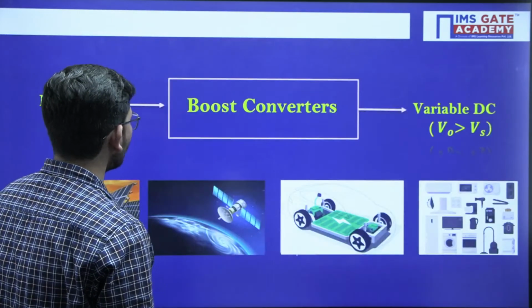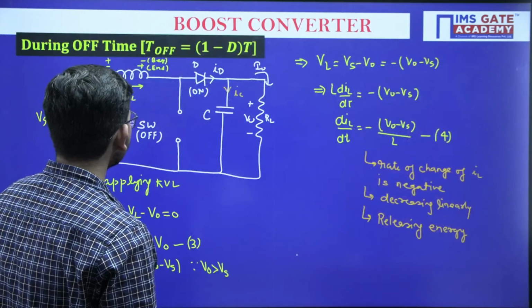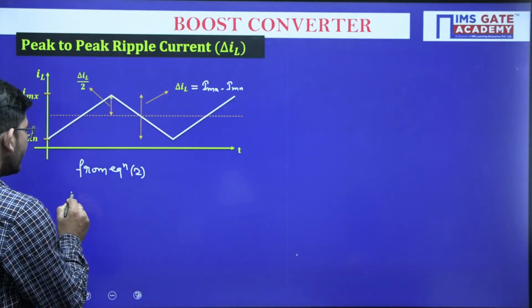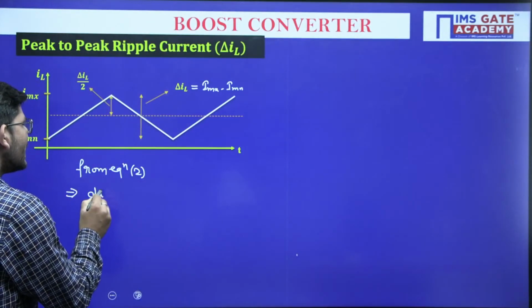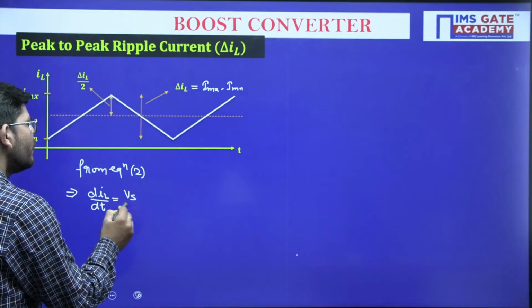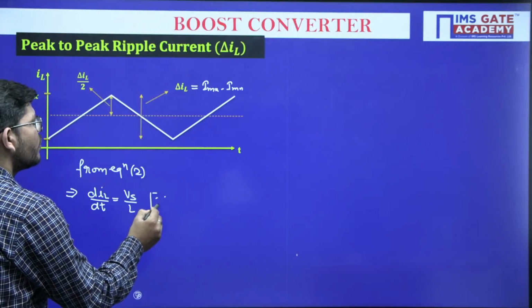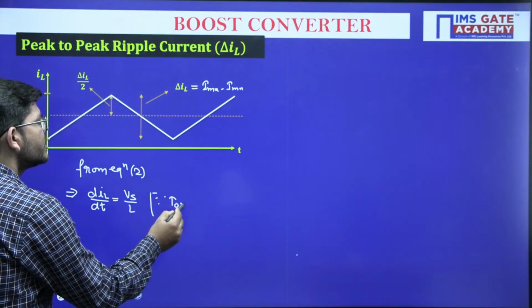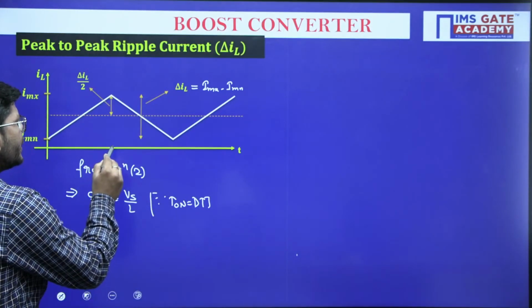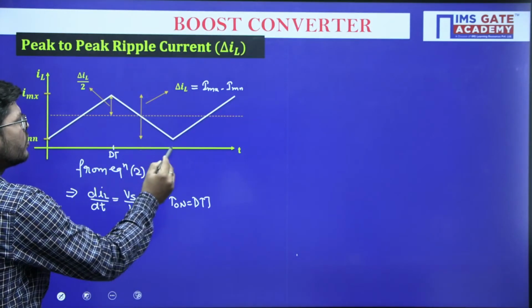We have dIL by dt equals Vs upon L, obtained during the on period, which is T on equals dT.